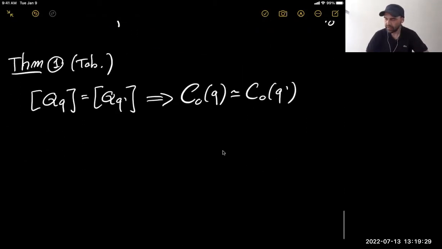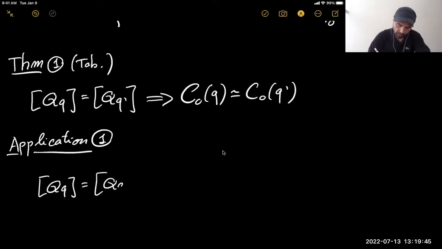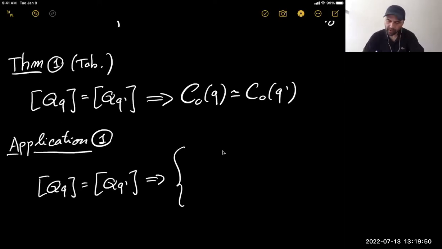And let's say an application of this, since the even Clifford algebra contains quite a lot of information, is the following. Suppose that you have two quadric hypersurfaces with the same Grothendieck class, then that implies that, if you are in low dimension, when the dimension of Q is less than or equal to 4, let me mention that if two algebraic varieties have the same Grothendieck class, they have the same dimension.